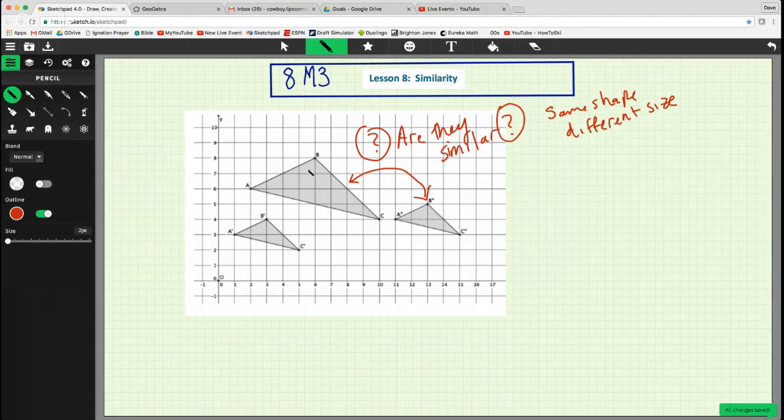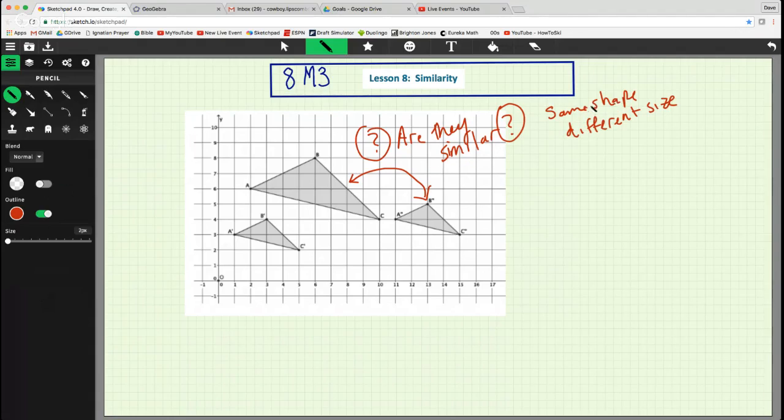And the same shape basically means, are all of these angles the same? Are all those angles the same? Then they would be similar. Well, there's a lot of ways to find out if they're similar.